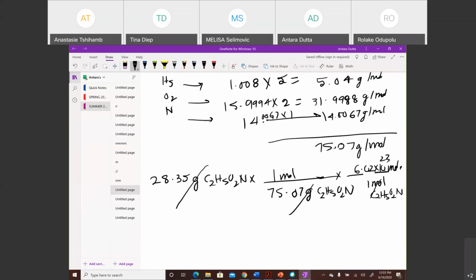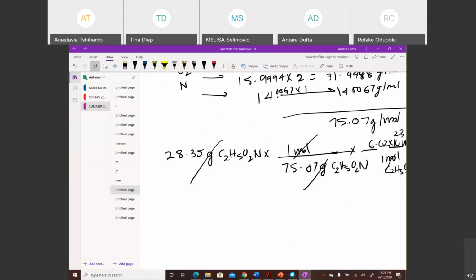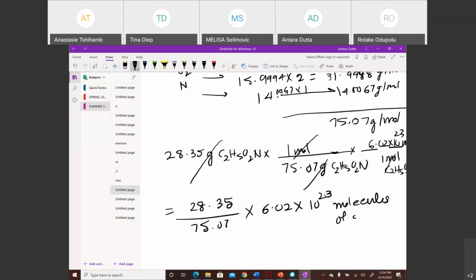So mole should cancel out, grams should cancel out. At the end, you should get molecules. So 28.35 over 75.07 times 6.02 times 10 to the 23 molecules of glycine. So you may calculate this number to get the final answer.